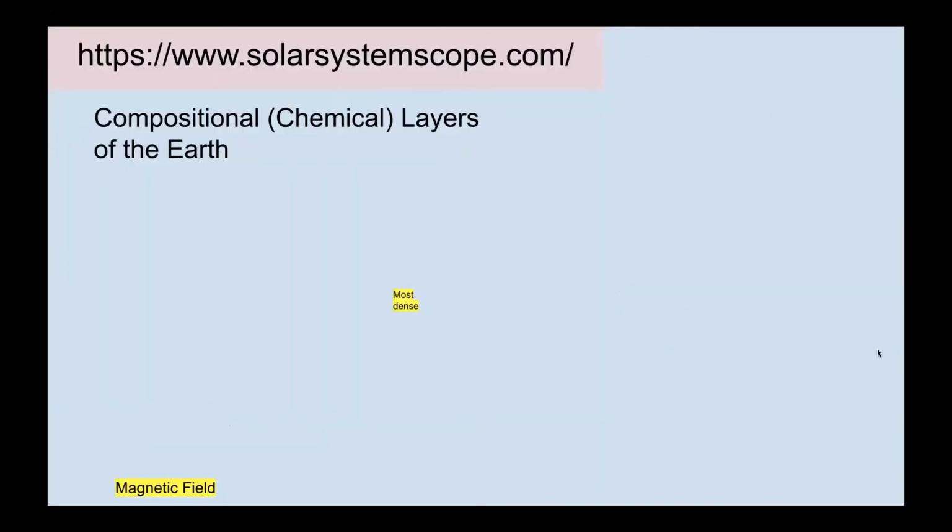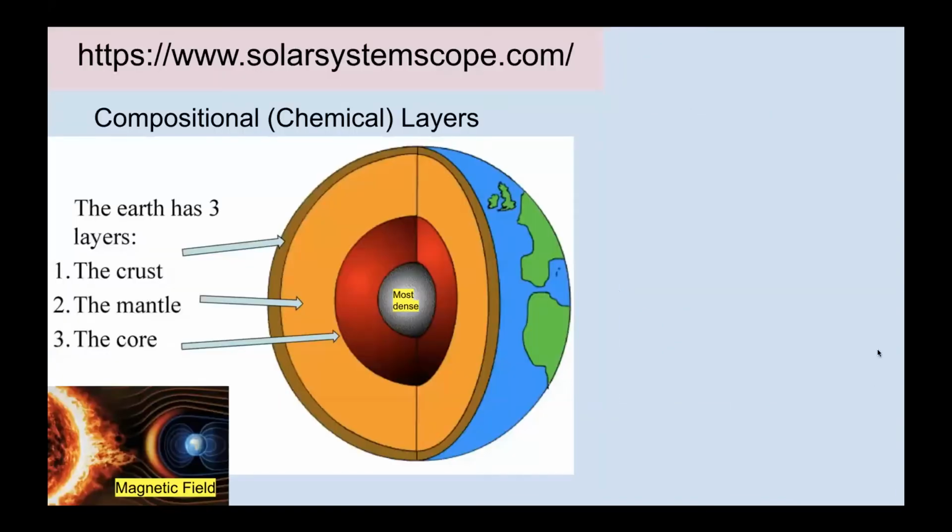So let's go ahead and talk about those compositional or chemical layers. There are 3 of them: the crust, the mantle, and the core. We're going to virtually explore those 3 layers using a virtual solar system scope app.